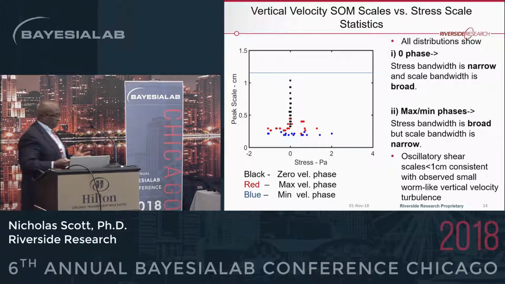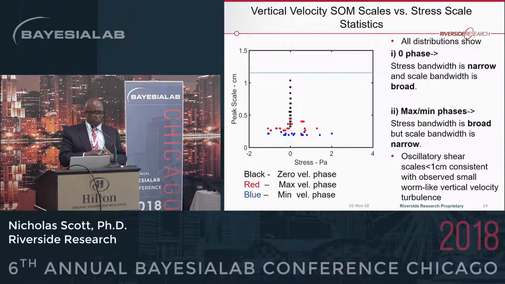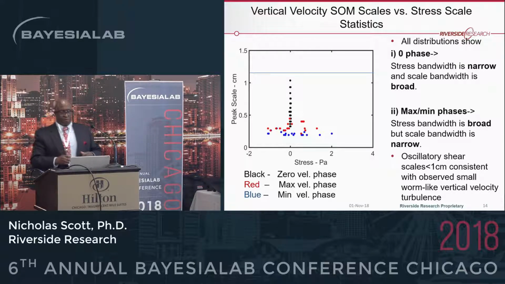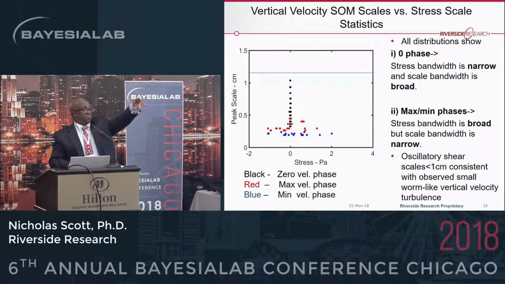So this is what the vertical velocity SOM scales look like. You'll find a consistency throughout all this analysis. For the zero velocity phase, the water is just ambient, sitting there, with no stress being placed on it, no pressure gradient really placed on the fluid.